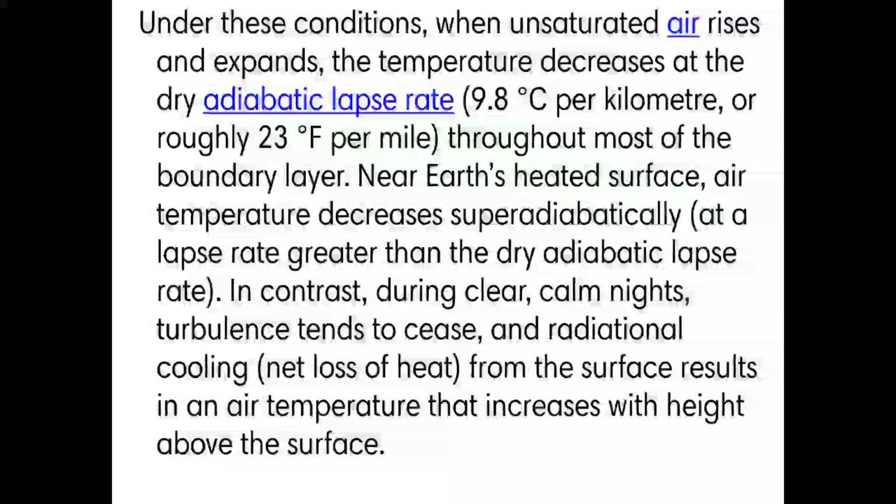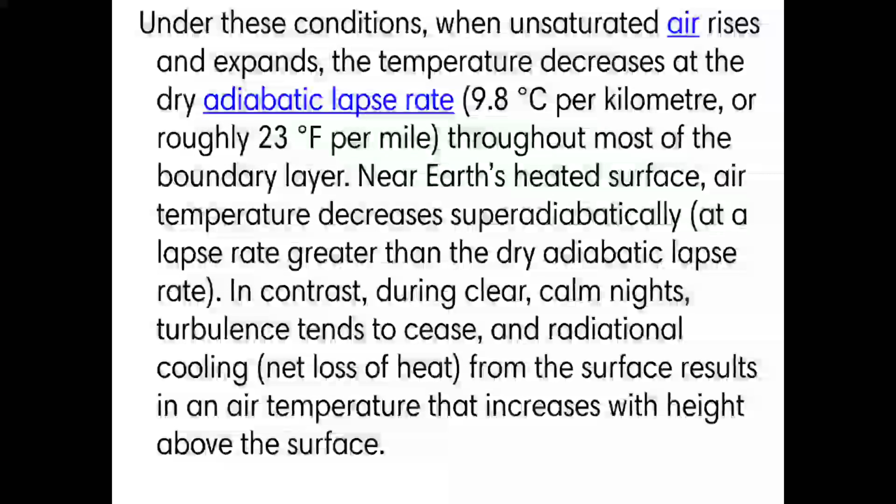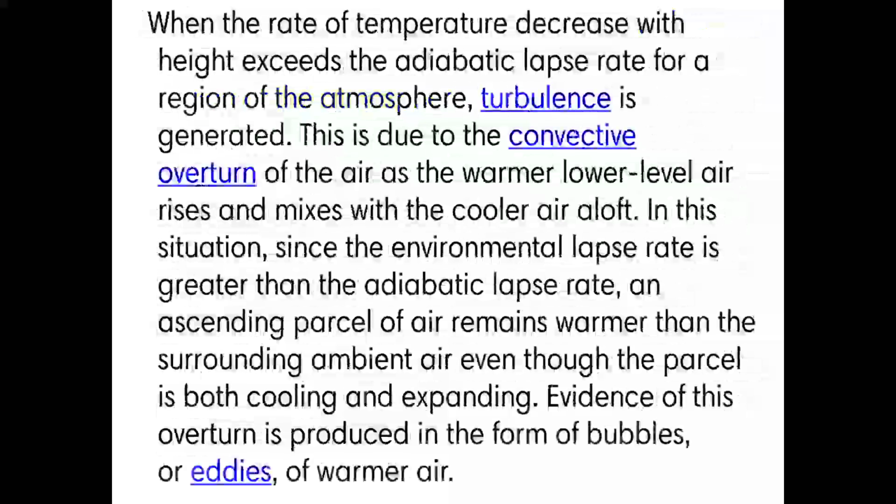In contrast, during clear, calm nights, turbulence tends to cease and radiational cooling, the net loss of heat from the surface, results in an air temperature that increases with height above the surface.